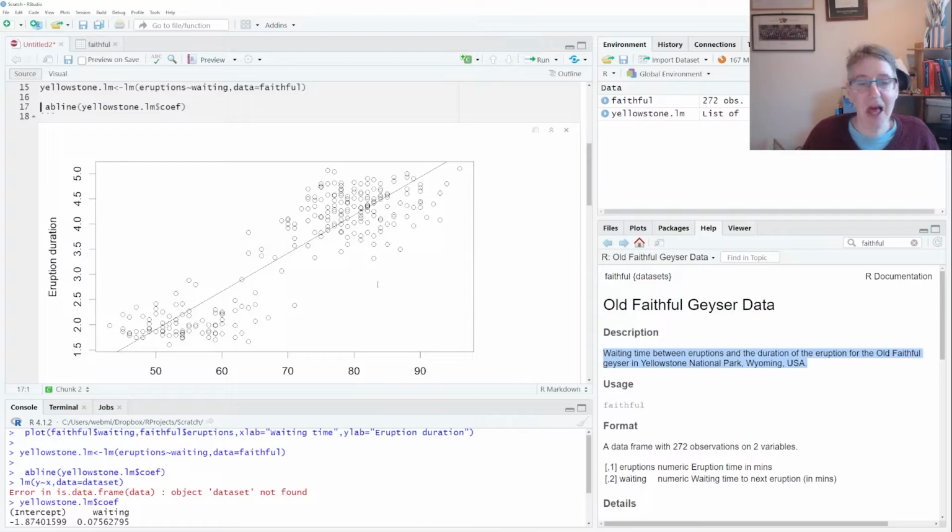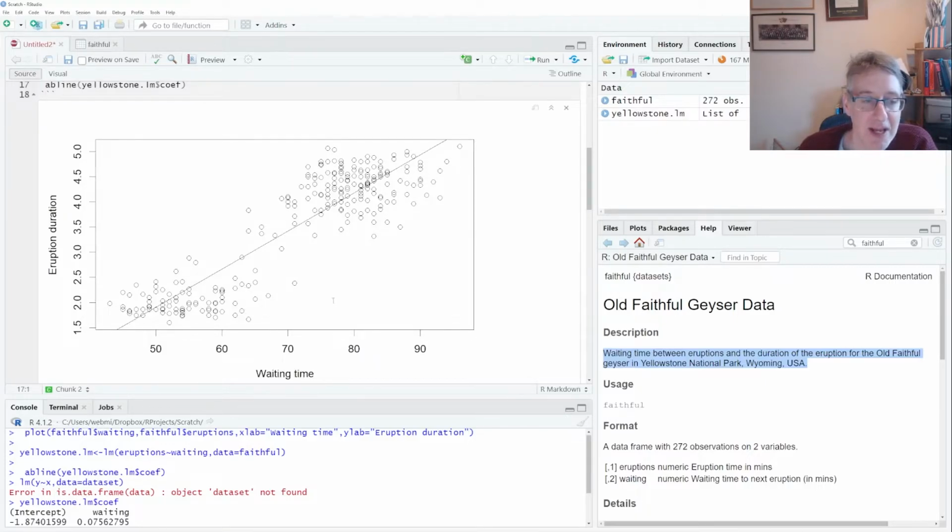This line looks like what we believe it to be: a straight line upwards. It doesn't necessarily mean the model is a particularly good one, but we'll see that in a moment. It confirms our belief that as we increase the waiting time, the eruption duration goes up. And I say as we increase the waiting time, of course, this is not something we can control. We can't turn the geyser on and off again.